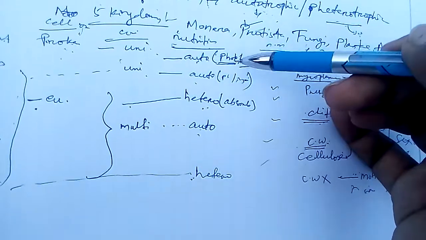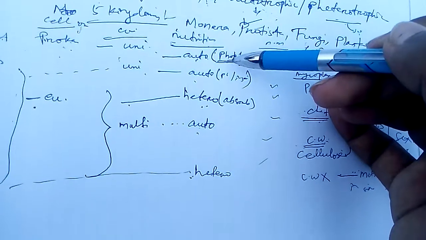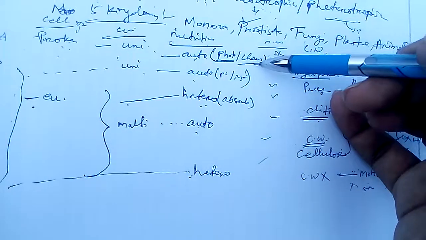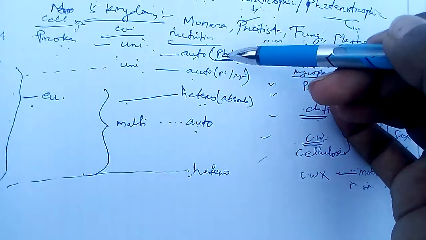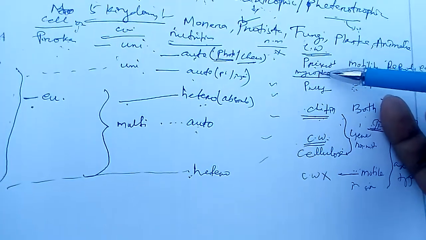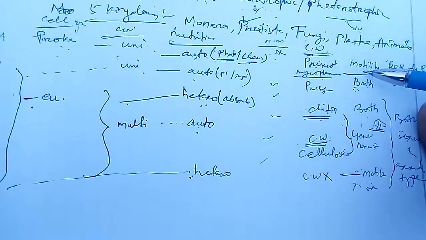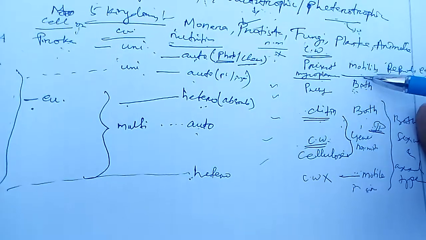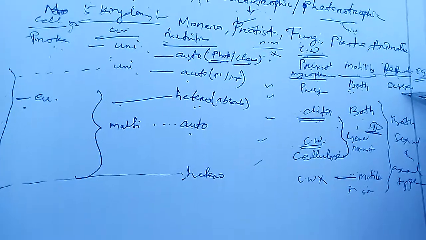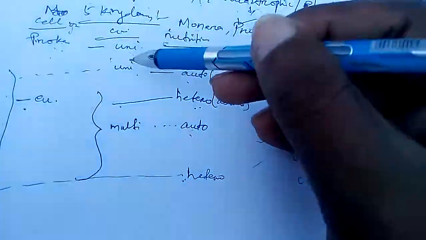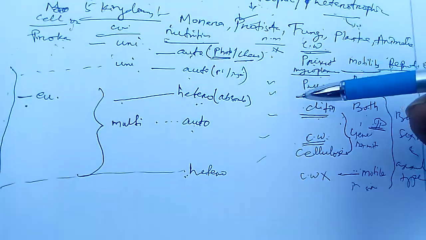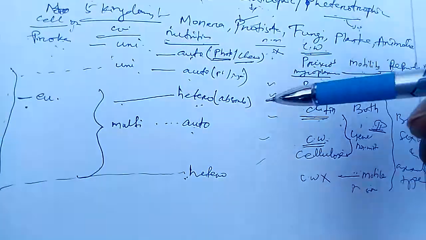They prepare their own food by absorbing light or by absorbing chemicals, so there may be phototrophs or chemotrophs. Then their cell wall is present except in mycoplasma. Both motile and immotile organisms are included in Monera. Then they reproduce only by the asexual method, etc. So there are 1, 2, 3, 4, 5. These are 5 to 6 points where we discussed all the kingdoms generally.